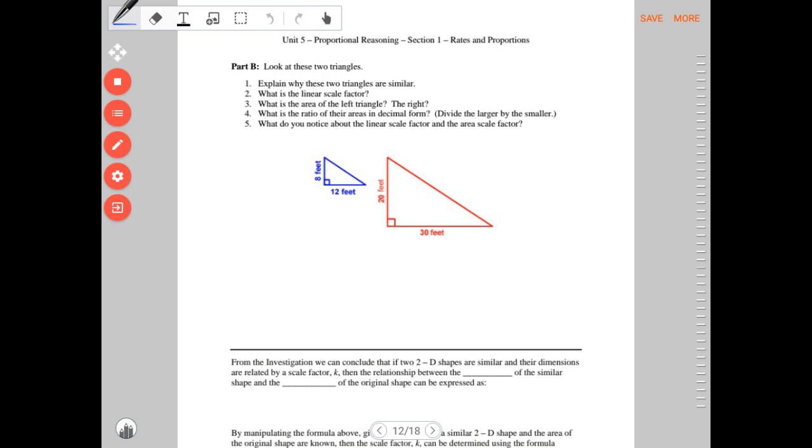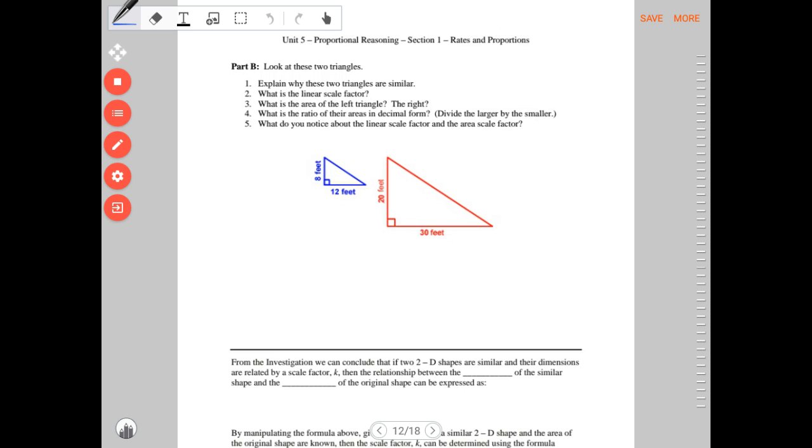Next page, part B. Look at these two triangles. Explain why these two triangles are similar. Remember, similar shapes have the same shape, or the ratios of the sides are the same. So we can just trust that these are similar, but we should try and figure it out.